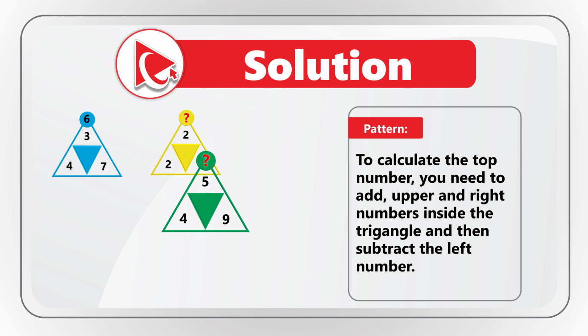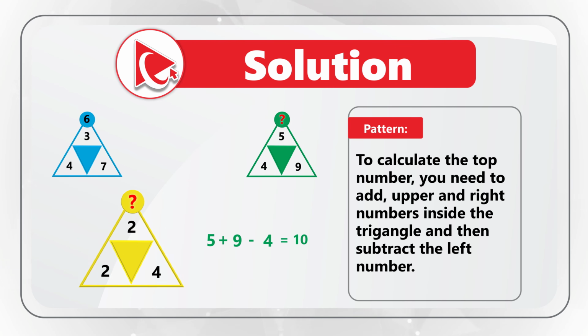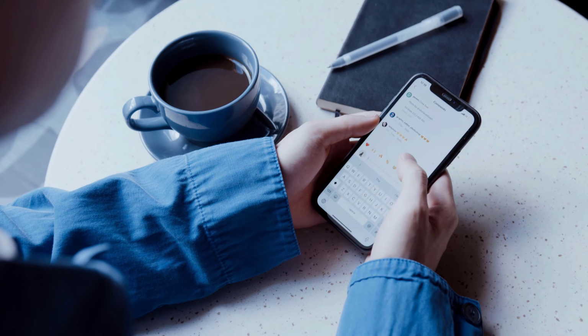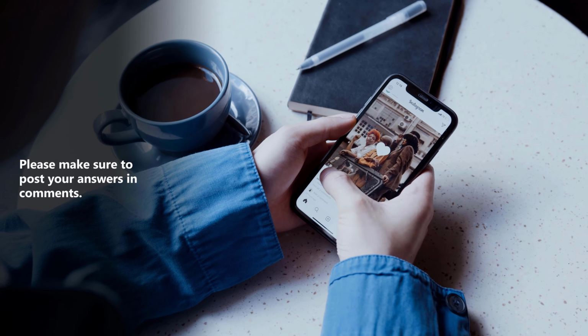For the green triangle, the calculation will be 5 plus 9 minus 4 equals 10. And for the yellow triangle, the calculation will be 2 plus 4 minus 2 equals 4. So the correct choice here is answer A, 10 and 4. Did you figure it out? Please make sure to post your answer, rationale, and thought process in comments.